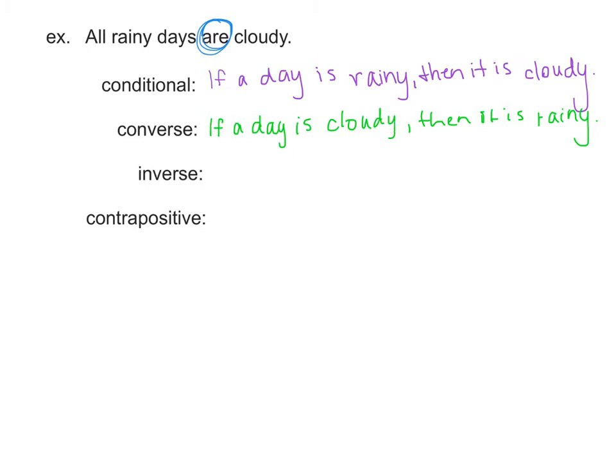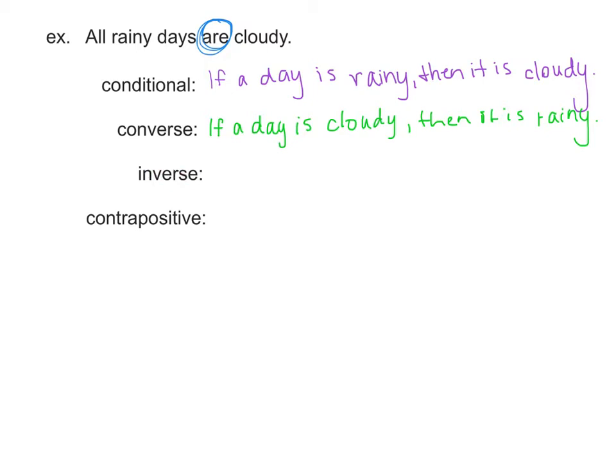We don't want to write any kind of pronoun, no it, he, she, nothing like that here in the hypothesis. We can use the word it in the conclusion. So not only do you have to flip those around, but you have to keep the subject in the subject of the sentence there. Okay, moving on.